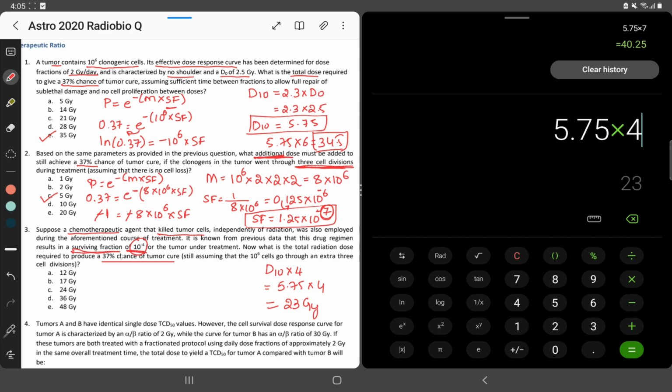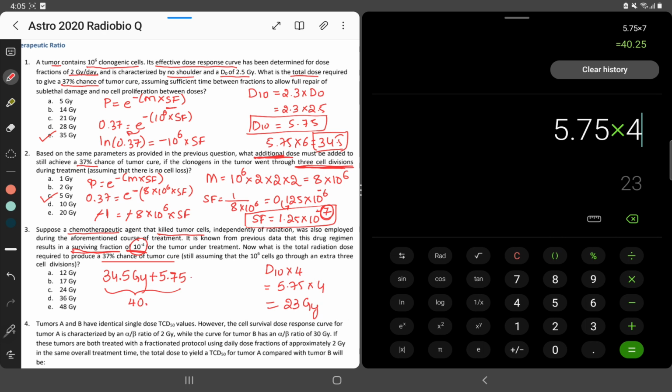Okay, now we initially know that 34.5 gray was required from the first question, and then from the second question we got to know that 5.75 gray was required extra. Totally it was 40 point something gray.